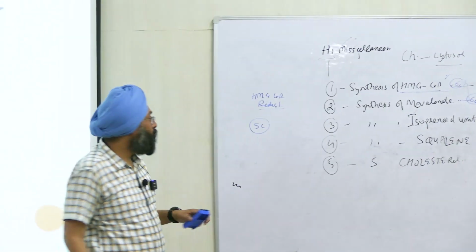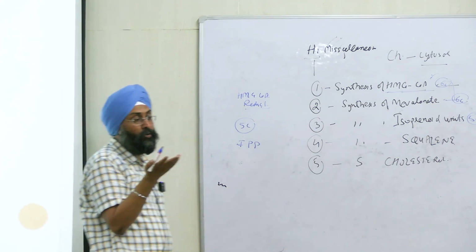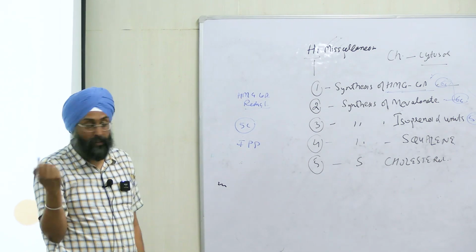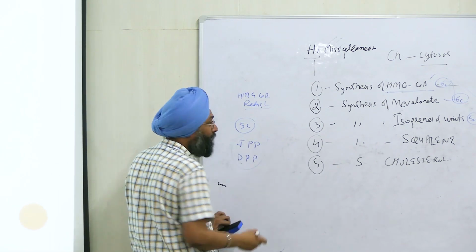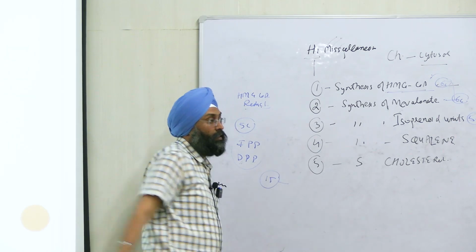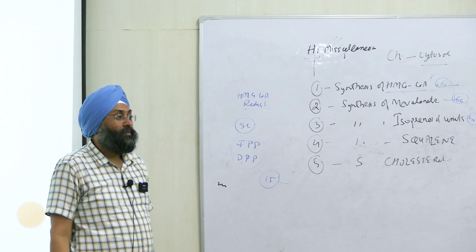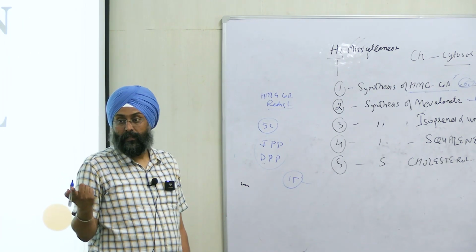They are basically 2: IPP, and the second one is, Tucker, can you recall? DPP. They will combine to form a 15 carbon unit, farnesyl.